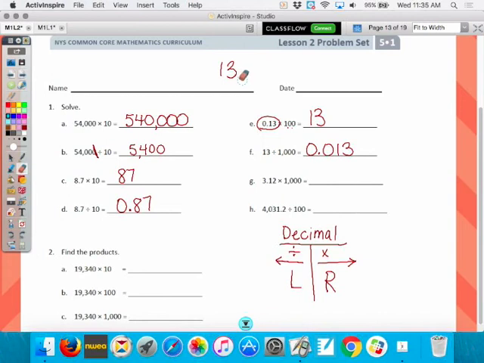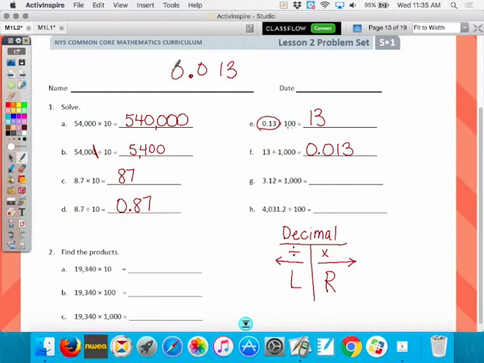Oh, it's already there, isn't it? 13 on the bottom of your place value chart, and we're going to hop the decimal. The decimal trick says move the decimal to the left when you divide. How many places? 3. 1, 2, 3. Did it work? Yeah. It did. But I need another 0.